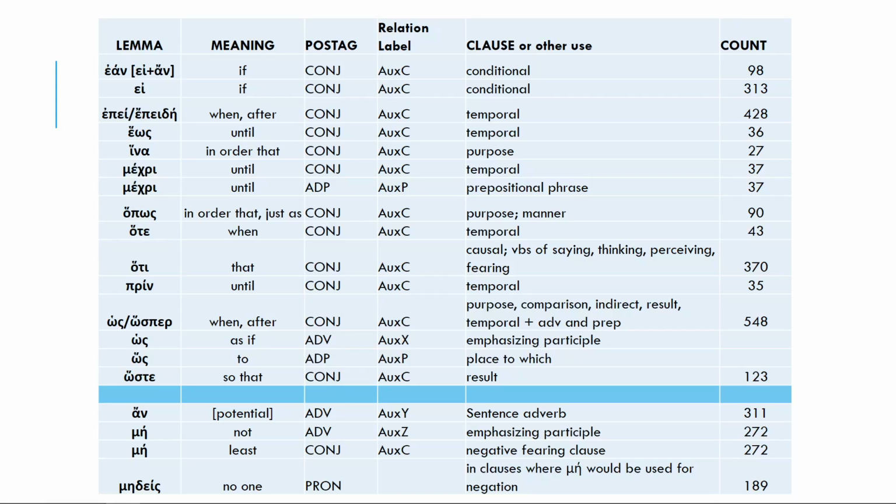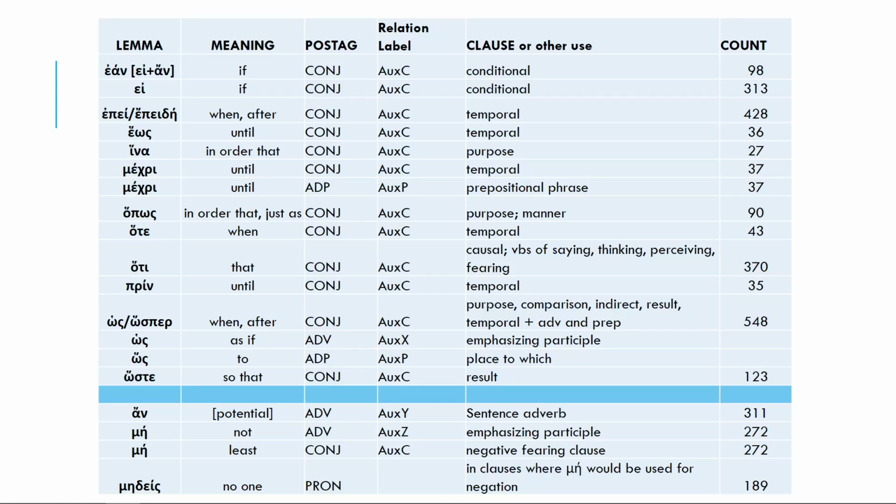There's also a different negation we use when something is more potential, and that's me, which is used in place of ou or ouk. And also can be the lead in to a clause if it's a negative fearing clause, especially. I fear lest something is going to happen.